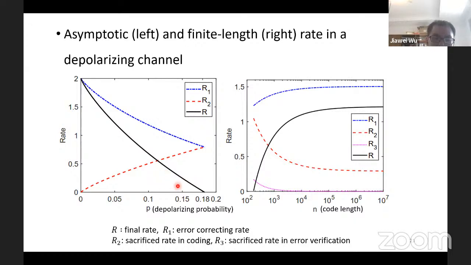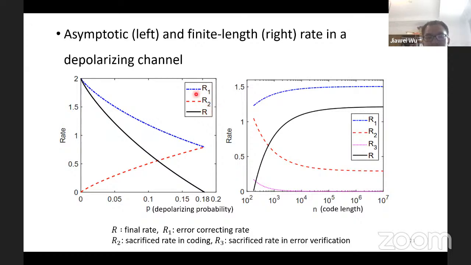The first picture shows the channel parameter, because Alice and Bob are connected through a depolarizing channel. And this is the transmission rate. R1, R2 are the error correction rate and the sacrifice rate.